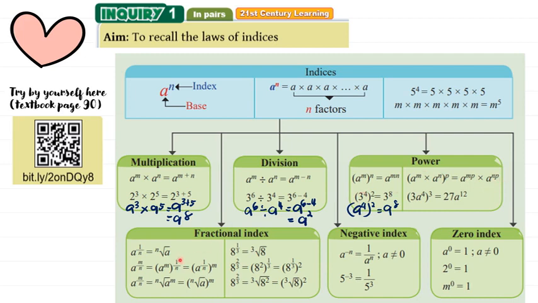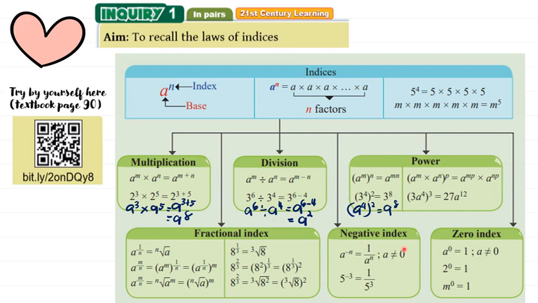For fractional indices, let's say we have a power of 1 over n, it means the nth root of a. If we have a power of m over n, it is a power of m in brackets 1 over n, or it can also be written as the nth root of a power of m.